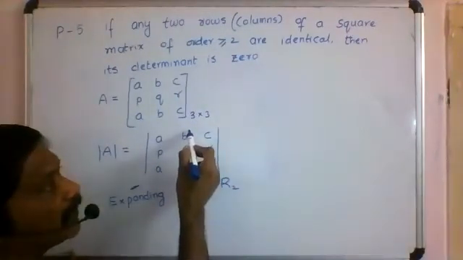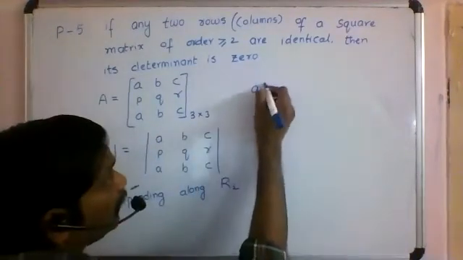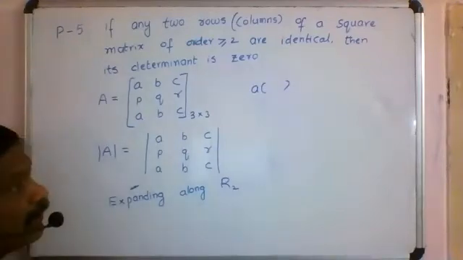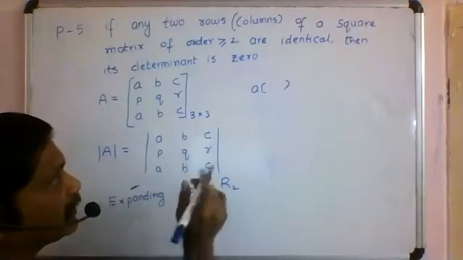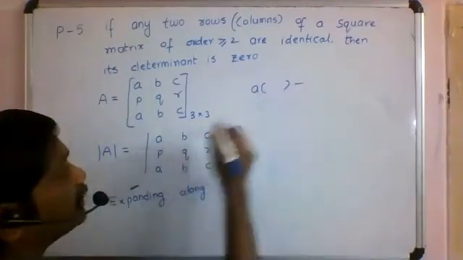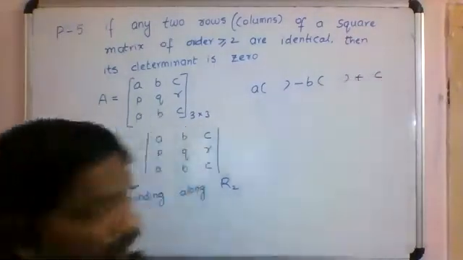So here I have to multiply by minus. I think you remember: A into something, I will write the determinant of the remaining elements. After that I kept minus B into something, and for this I kept C.